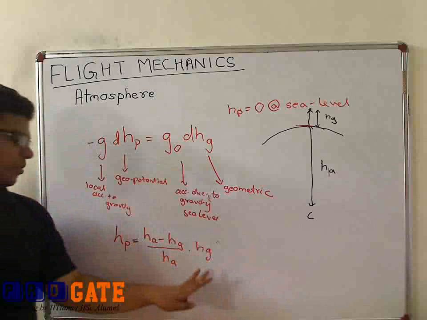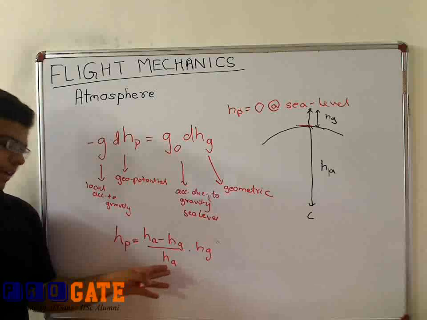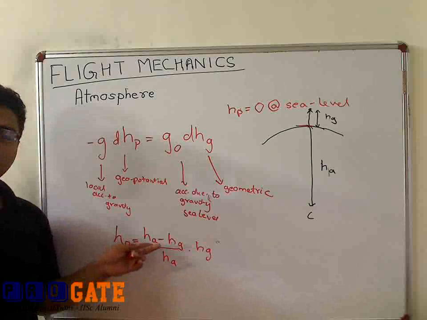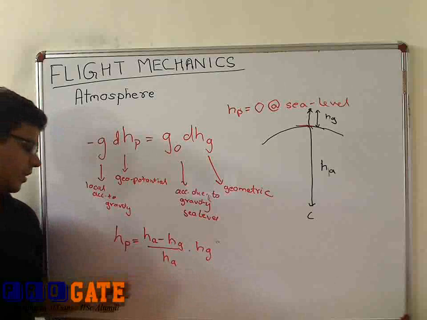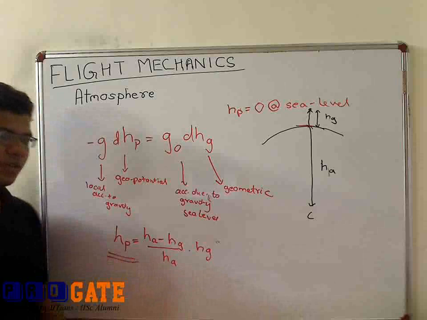So if you know the geometric altitude and the radius of Earth, to find out the absolute altitude of that point, you can find out the geopotential altitude.